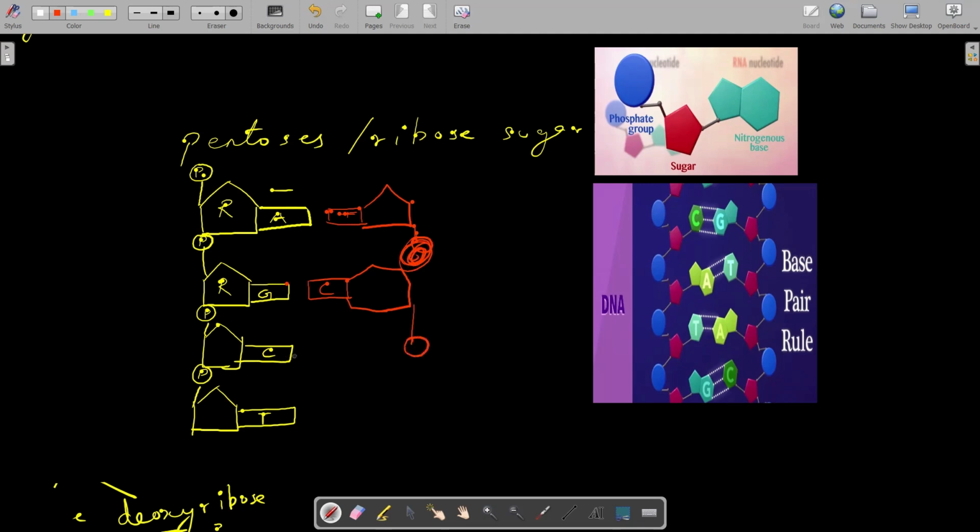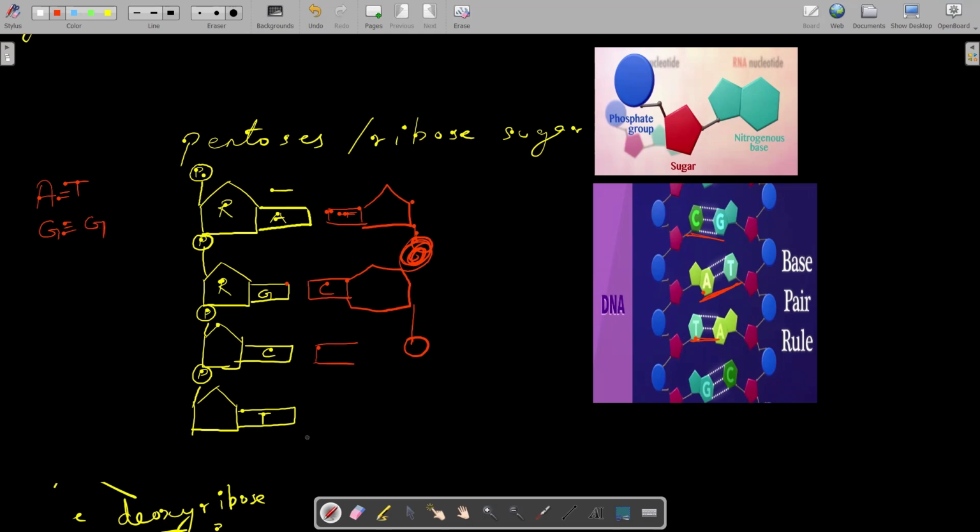So it's like ATCG. You have to memorize this: A and T will pair up, and C and G will pair up.